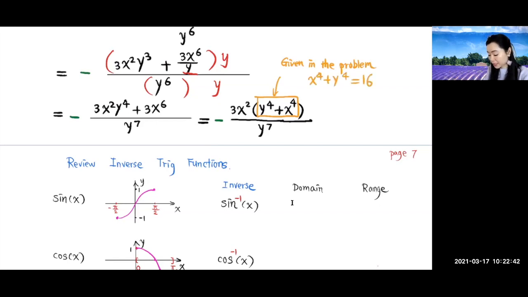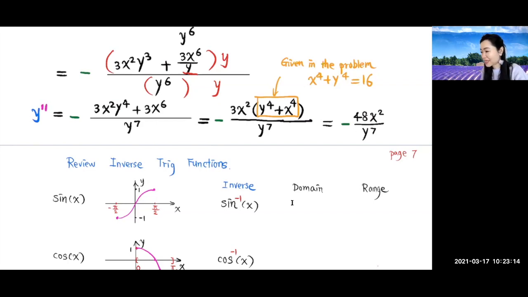So you can replace that by 16. So that's equal to 16 times 3, which is 48. So this is negative 48 x squared over y to the 7. That's the second derivative of y.